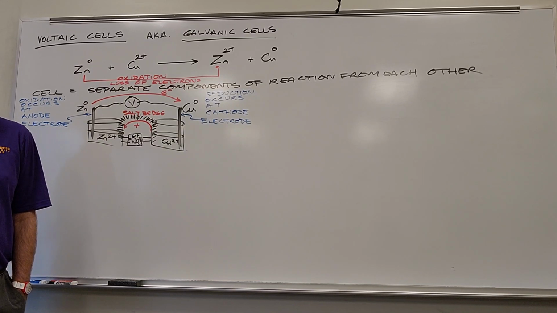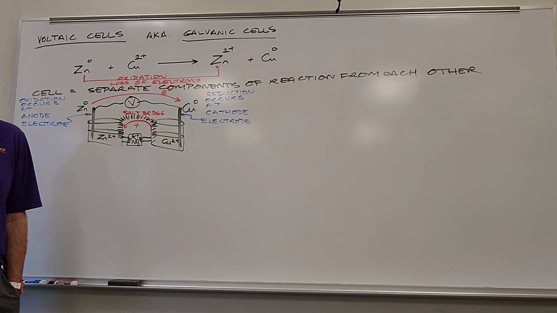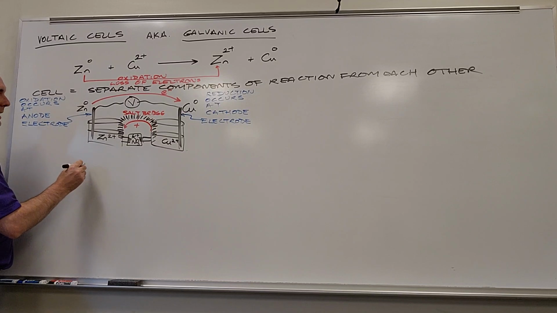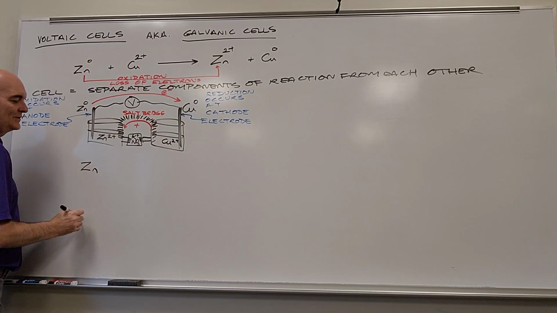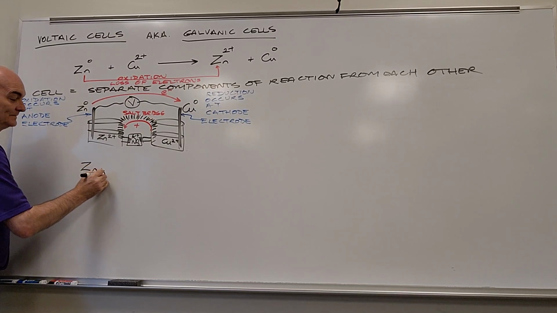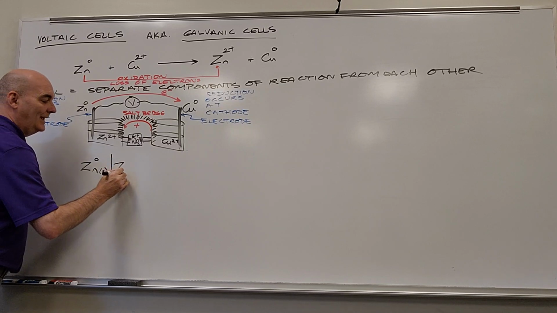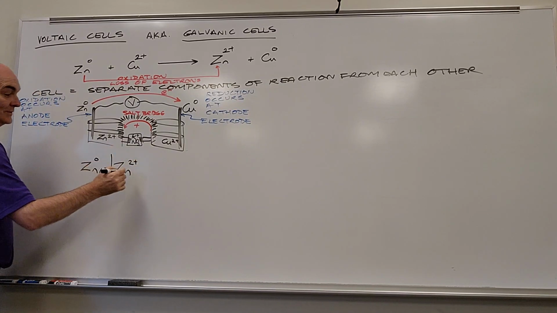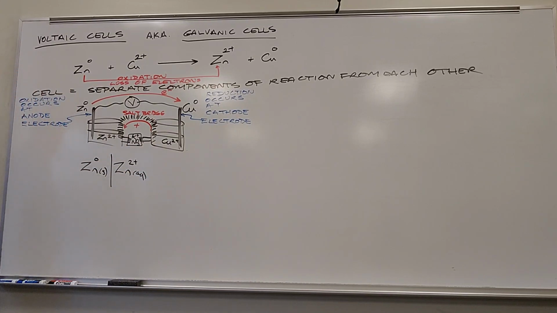So, battery doesn't mean anything. Okay? My world is this. We're going to write it this way. This is zinc, a metal. You can put the 0 there. And then it's separated because it's solids and solutions from the zinc solution.